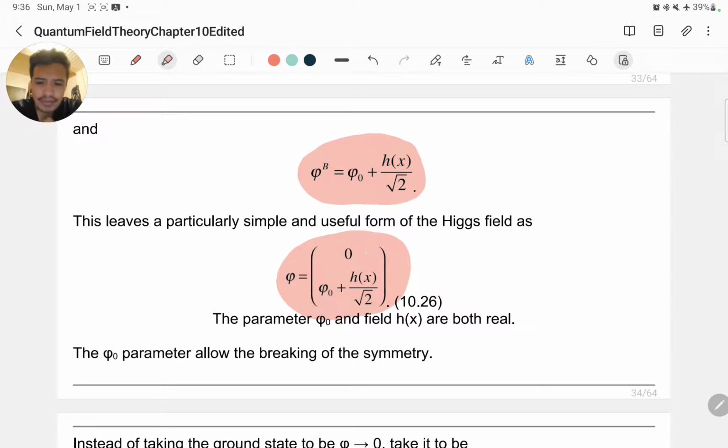And of course, phi sub o there and h of x are both real functions. I mean, phi sub o is a constant there, where it allows the symmetry to be broken, because it will of course break the symmetry, because you will be choosing that phi sub o as the minimum value.